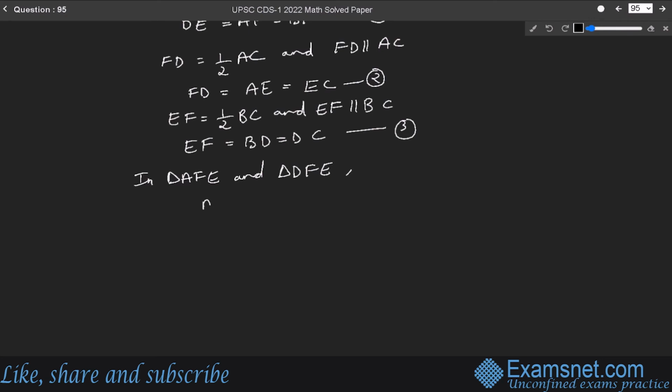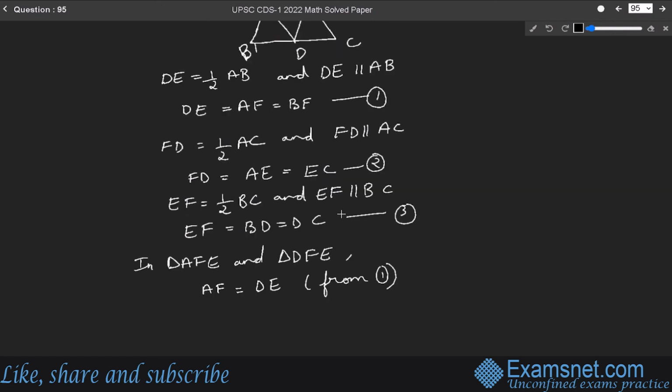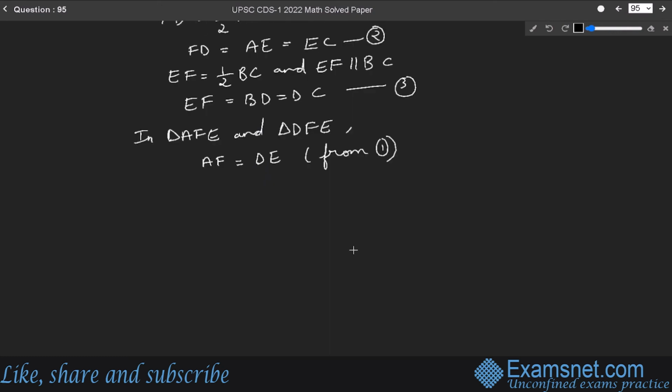For triangles AFE and DFE, we can say that AF is equal to DE from equation number 1. Equation number 1 says that AF is equal to DE. Also, AE is equal to DF from equation number 2, and EF is equal to EF, which is common in both the triangles.